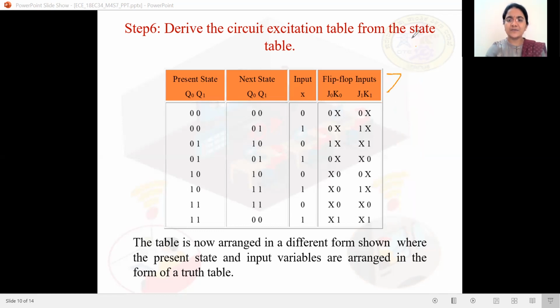When it is a Mealy machine, we have to consider Z when X is equal to 0 and Z when X is equal to 1.